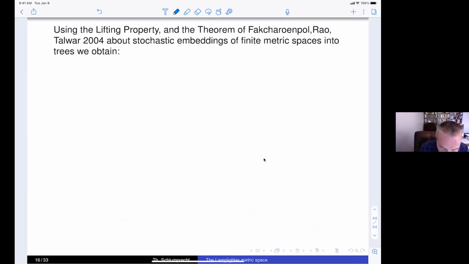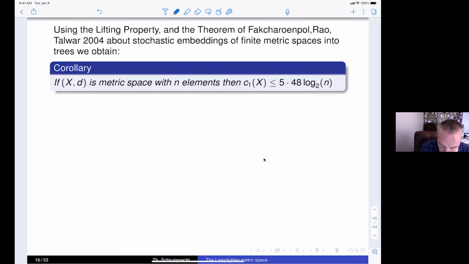And now, using the lifting property I just told you about, and the theorem of Fakcharoenphol, Rao, and Talwar about stochastic embeddings, you quickly get the corollary that every metric space with n elements embeds into L1 with distortion, here it should be L1, of 5 times 48.